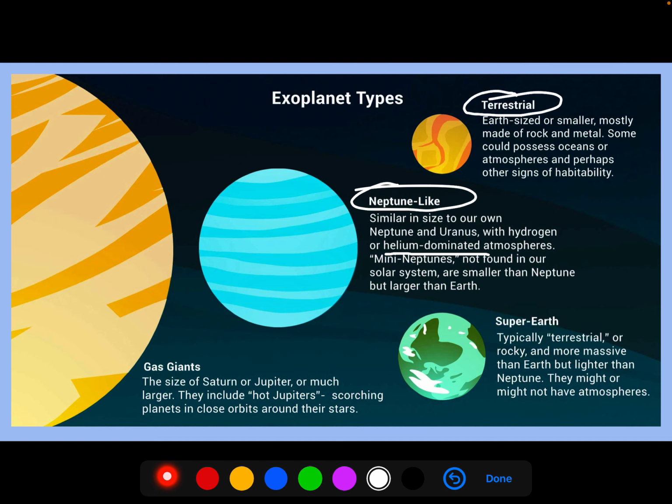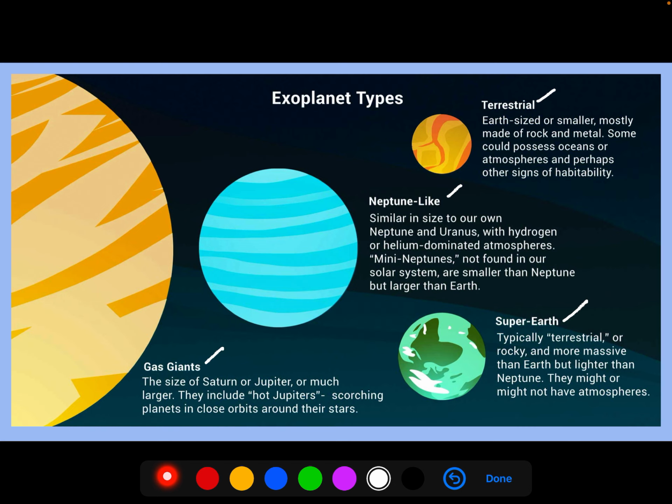So not super duper detailed differences here, but I want you to jot down the 4 different types. So you've got your gas giants, your terrestrial, those are the smaller rocky ones, kind of like where we are right now, the ones that are like Neptune, and then the ones that are terrestrial but really big. So those are the 4 types.